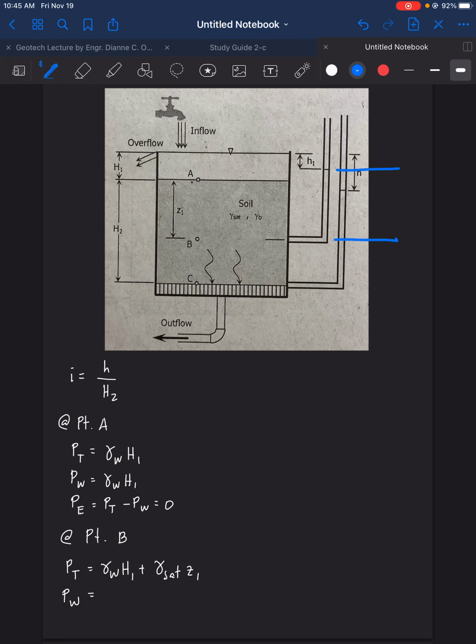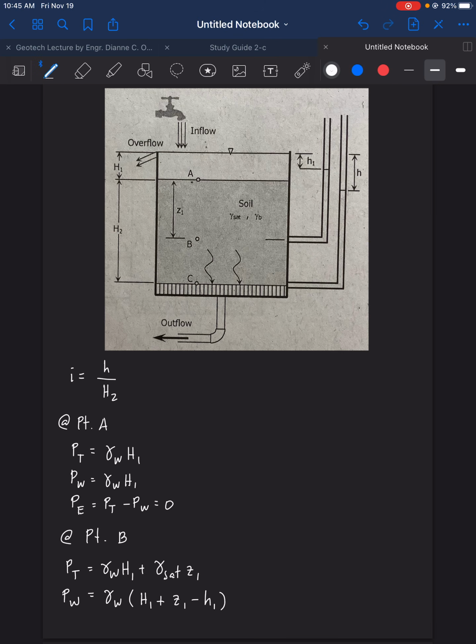This is the H that we need to calculate. Now how do you get the value of H there? So gamma water times H1 plus Z1 minus H1 in order to get the value for H. Okay? So that's how we get the formula.